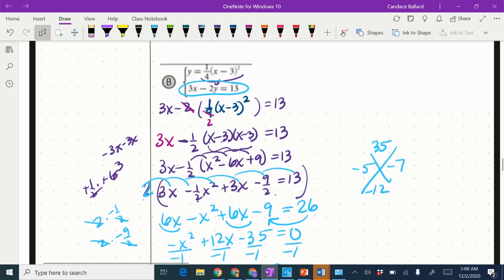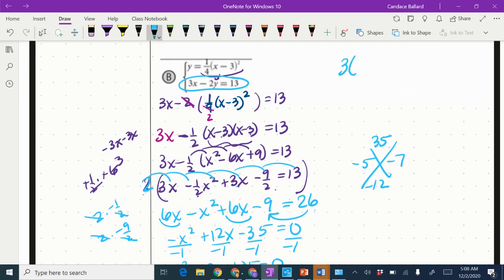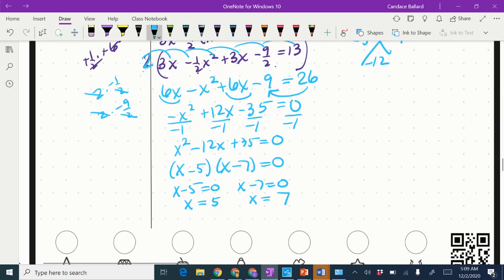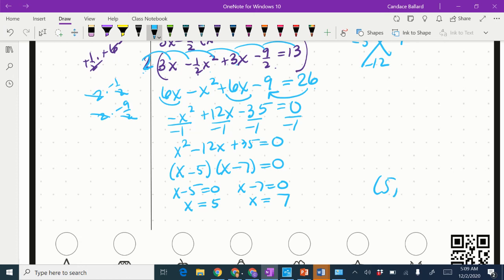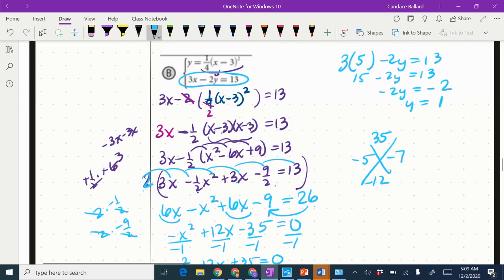So my equation is 3 times, first of all, an x value of 5, minus 2y equals 13. 3 times 5 is 15. I'm going to subtract the 15 to the other side. So I get negative 2. So y equals, when I divide by negative 2, 1. So one of my points is 5, 1.